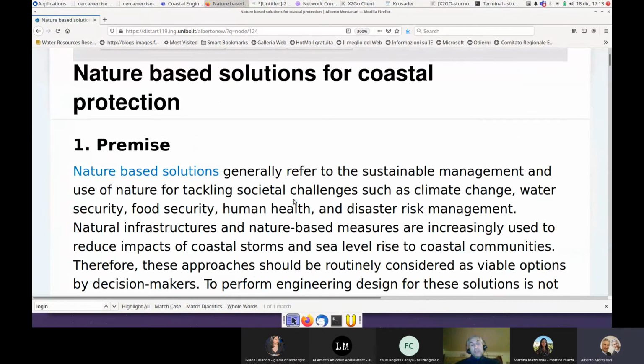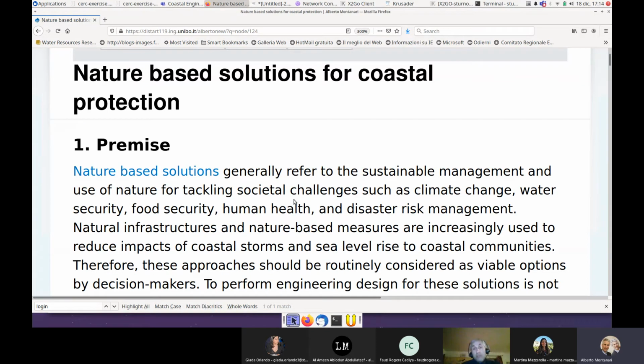And nature-based solutions are very popular nowadays because they refer to the sustainable management and use of nature for resolving some of the challenges related to management of coastal areas, which we discussed. And challenges also induced by climate change and overuse of the land, which means limited sustainability of human interventions.